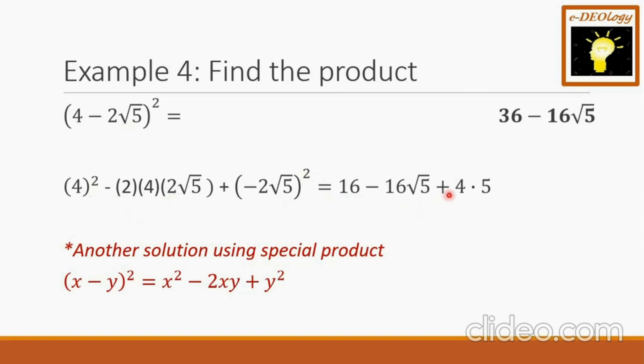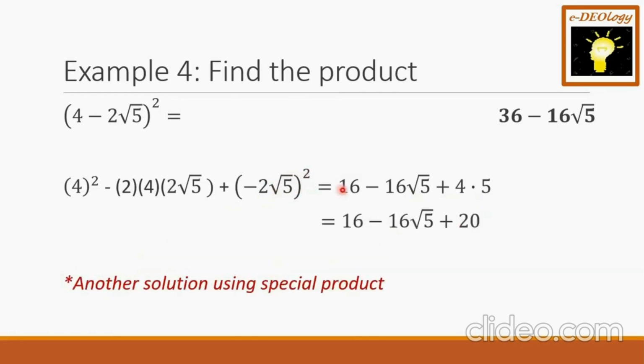And then plus, we're going to square this term. Because of the square, the negative sign will go away. The 2 here becomes 4, and the square root of 5 is squared. The radical sign is cancelled with the power 2, so we'll have the 5 only that will come here.